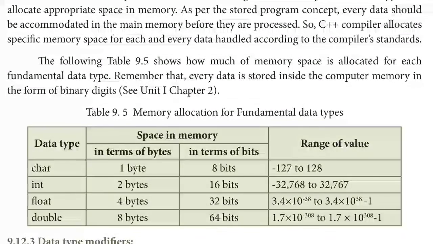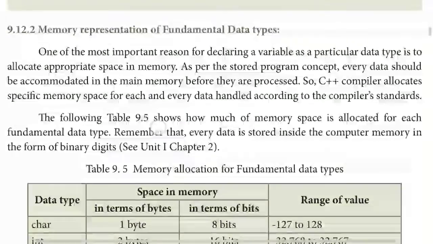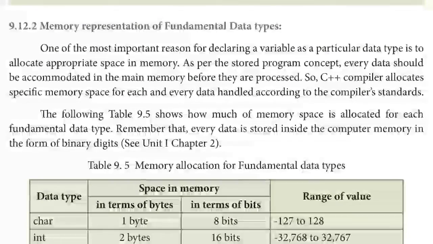In that, the data types are given as four rows. Character, integer, float, and double are the basic data types. Now, how are these basic data types represented in the memory?